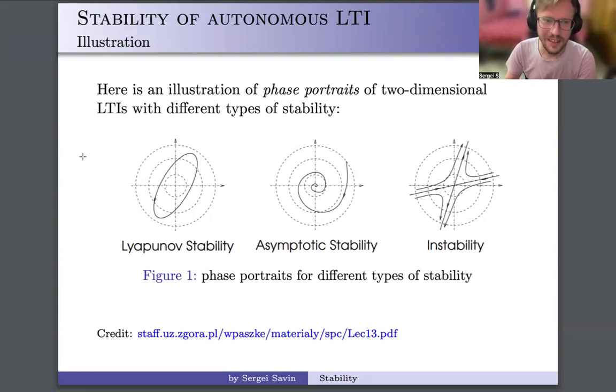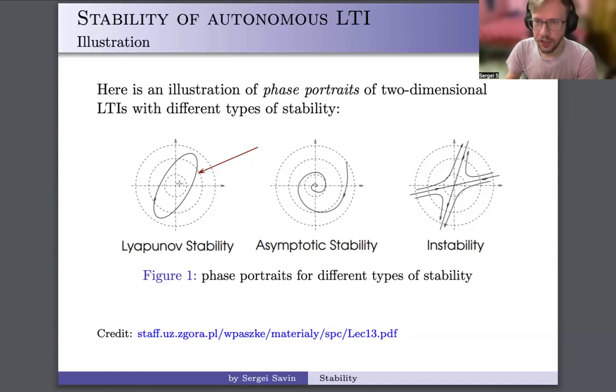Very quickly, I will show you an illustration of how systems behave depending on their stability status. So, for example, Lyapunov stability is yet another name for marginal stability, all right? So we can call it stability, marginal stability, or Lyapunov stability. A system with Lyapunov stability can go around the origin in a circle or in an elliptical orbit, something like this. That is normal behavior for Lyapunov stability.